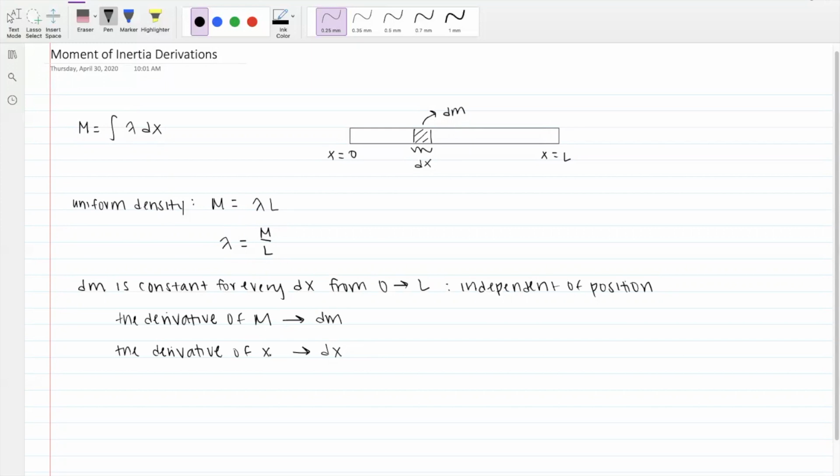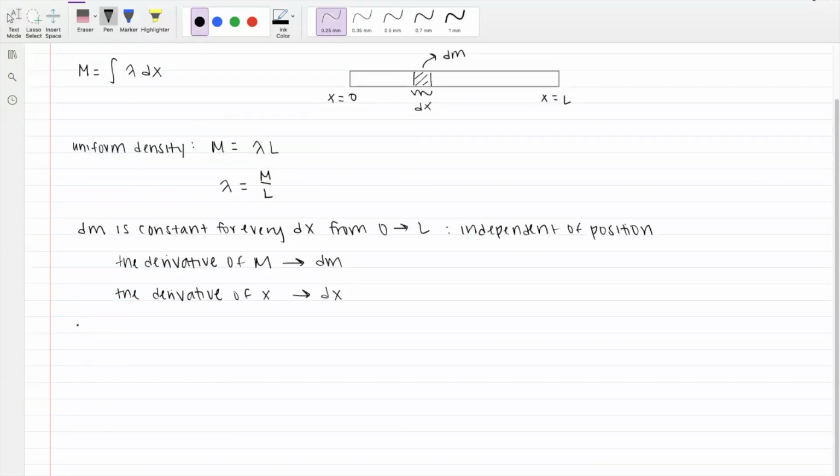If that confuses you, just know that capital M stands for the total mass of the rod, while dm with the little m represents the instantaneous mass at a given position. That being said, we usually want the format to be in d of m and d of x, because we have the equation that inertia is equal to the integral of r squared dm.